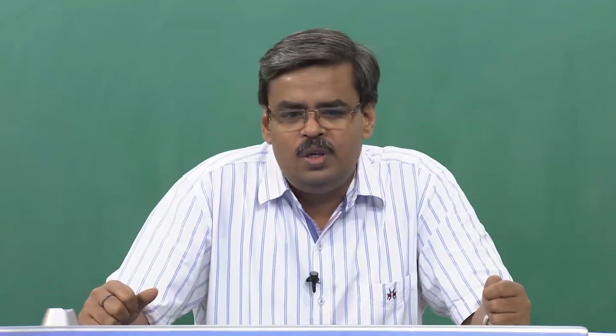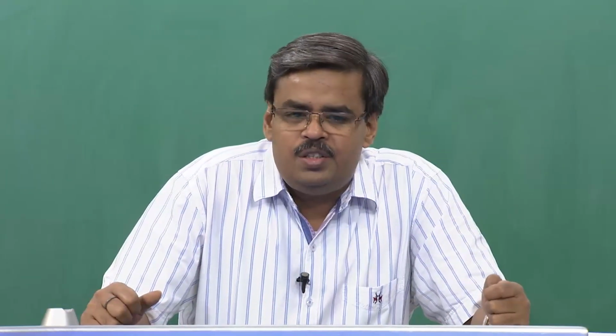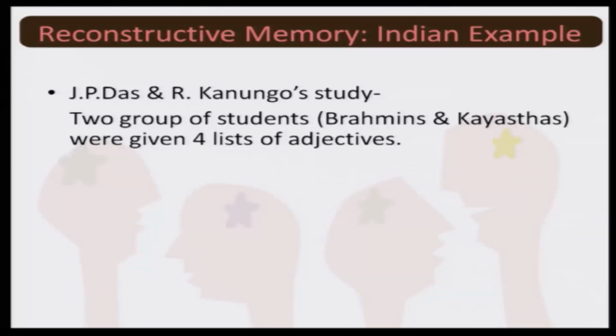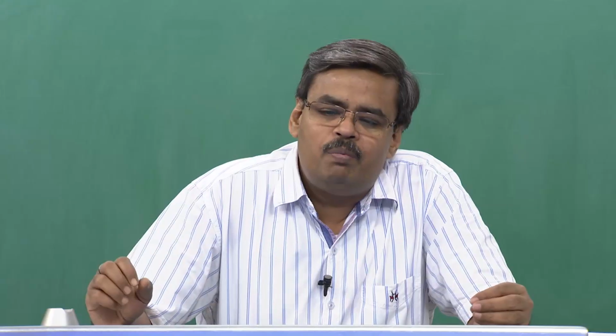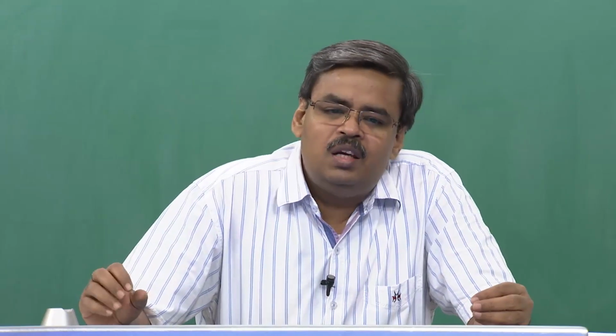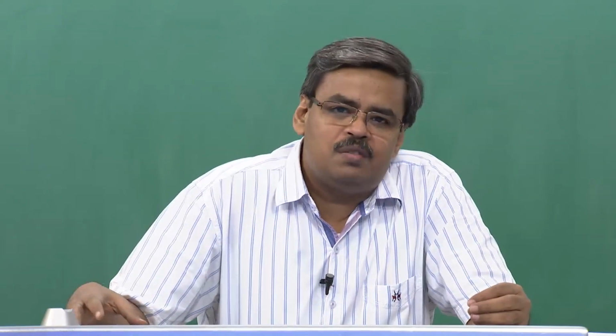One very interesting example I would like to quote is from one of the Indian studies by J.P. Das and Ravindra Kanungo. They conducted a very interesting study where two groups of students who belong to two dominant castes in the country, Brahmins and Kayasthas, were given 4 lists of adjectives.